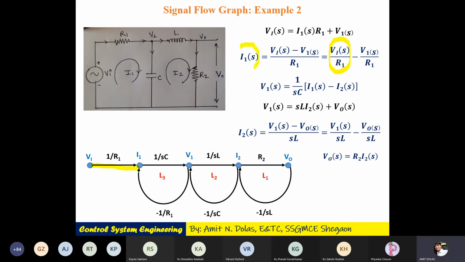Similarly, this I1 of S is also related to V1 of S. Vi से भी relation है और V1 से भी relation है. So V1 of S में क्या है? Minus of 1 by R1. So this is the relation between V1 and I1, and it is minus 1 by R1.